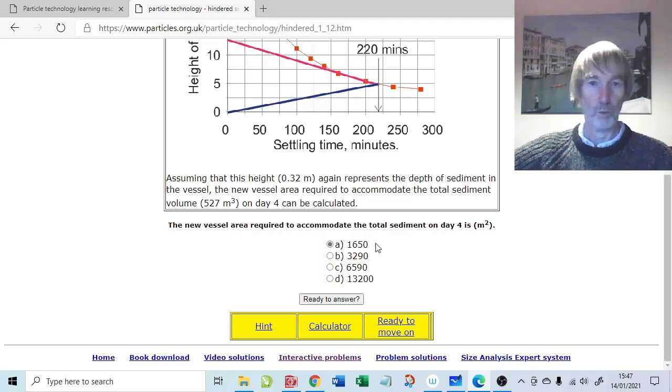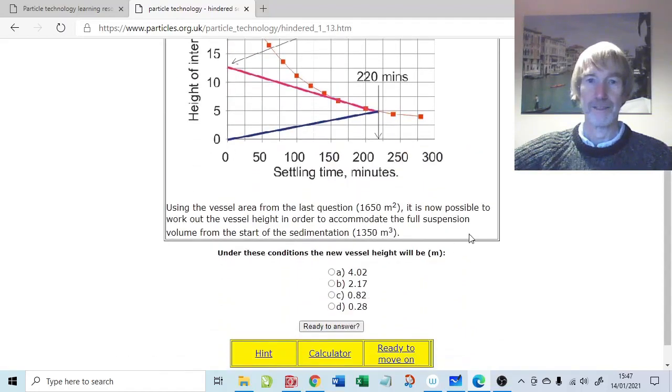It's now just 1650, and we're using a vessel height which is 0.32 meters, 32 centimeters. It's still not good enough, really. We know that we can fulfill the requirement for the sediment at that height, but the total vessel height has to accommodate everything. So that's 1650 meters cubed.